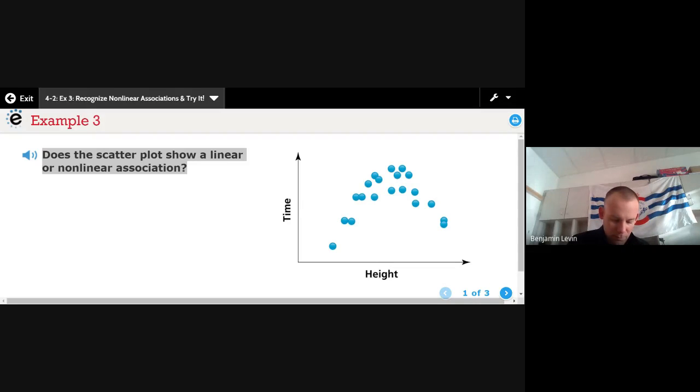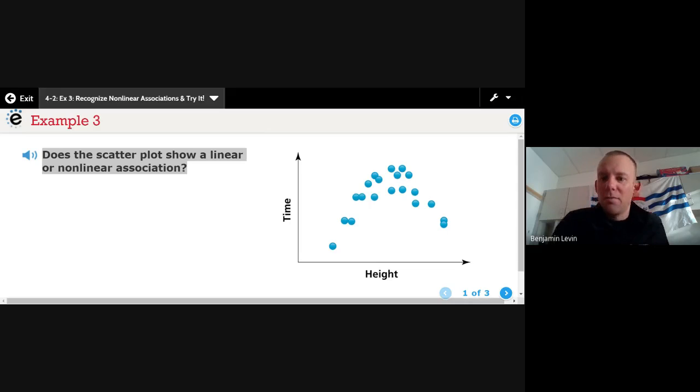Scatter plot. Show. All right, the poll is live.